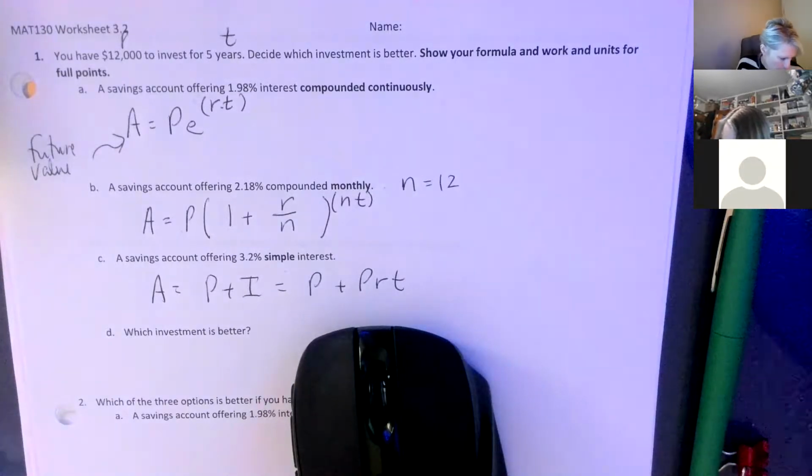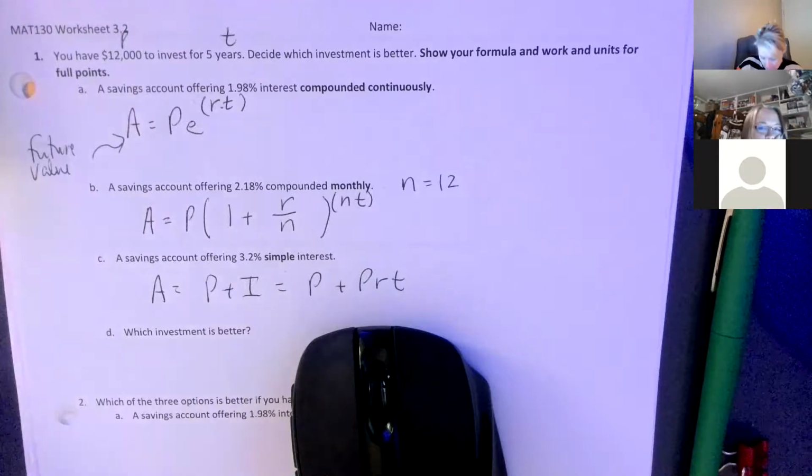Well, you ended with the most amount of money, and the compound rate was better, I guess, because monthly versus continuous. Sounds good. You said you're getting the most on B. What did you get for each of yours?